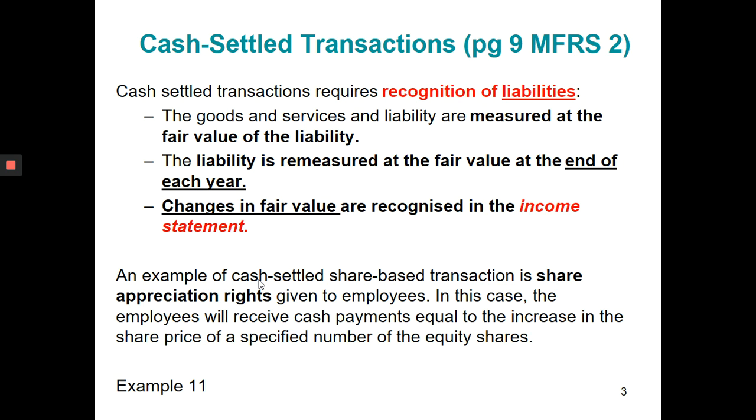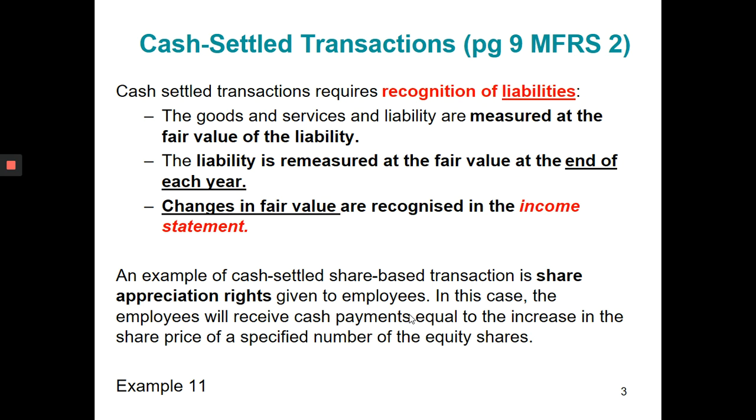In part 3 previously, at the end of the vesting period, dia akan dapat shares. But in part 4, dalam slide ni, kita tengok cash settle. Maknanya employees tu dia tak dapat shares, tapi apabila habis condition yang ditetapkan, dia akan dapat dalam bentuk duit. Tapi duit tu adalah disandarkan pada share price of the specified number of equity.